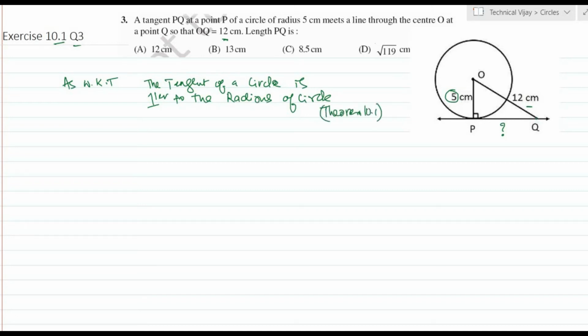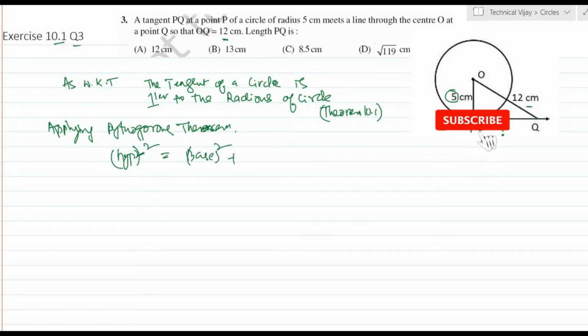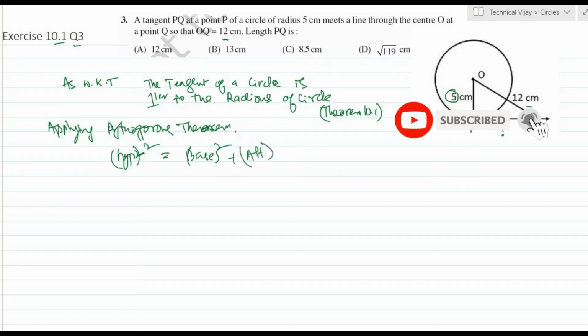This means the angle at point P is equal to 90 degrees. So when this is 90 degrees, we can apply the Pythagoras theorem. Hypotenuse square is equal to base square plus altitude square.